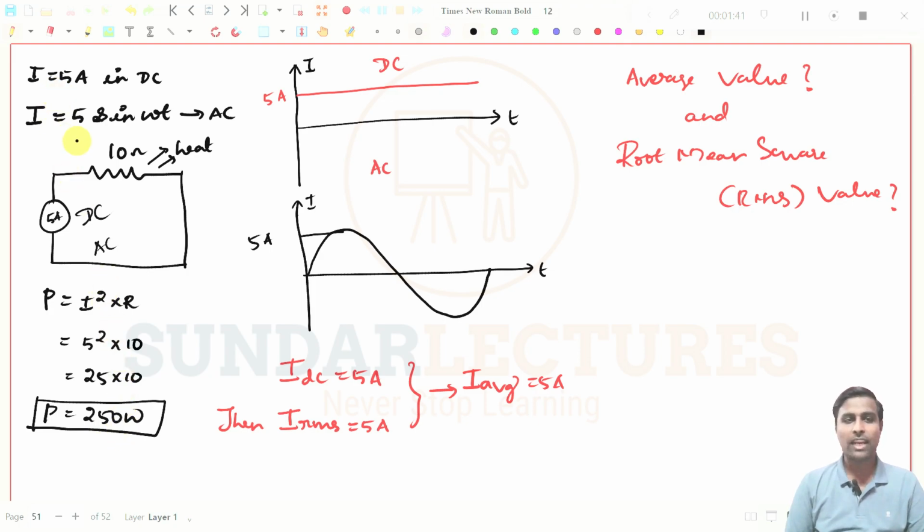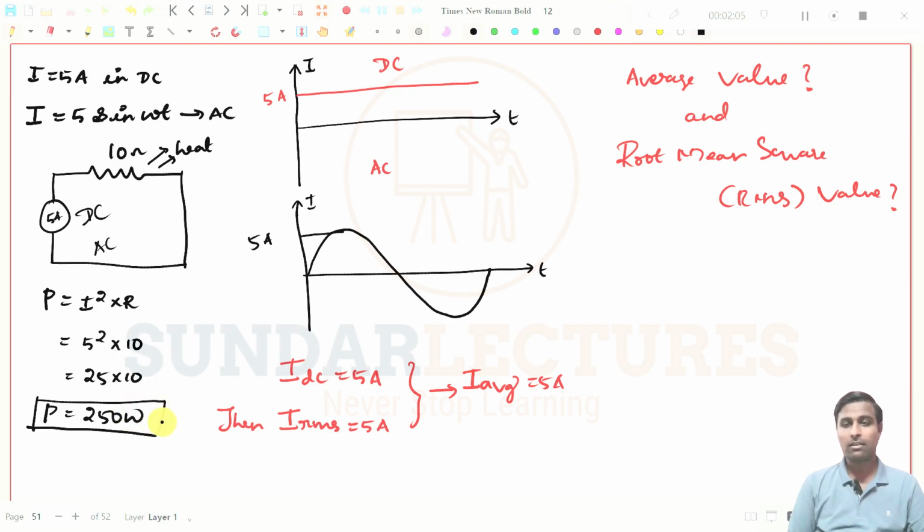Now let us take 5 sin omega t from an AC source. If we give this 5 sin omega t AC to this 10 ohms resistor, will this resistor dissipate 250 watts of power as heat to the atmosphere?